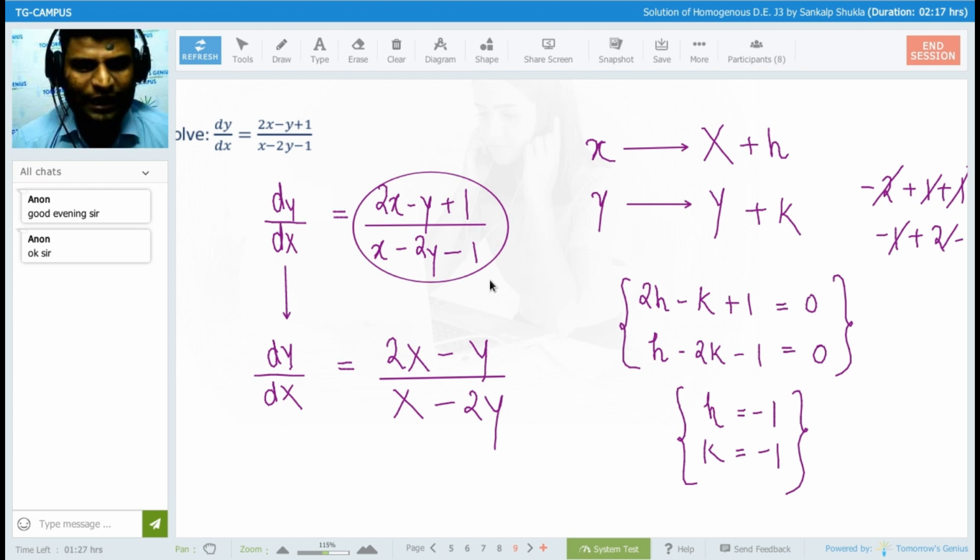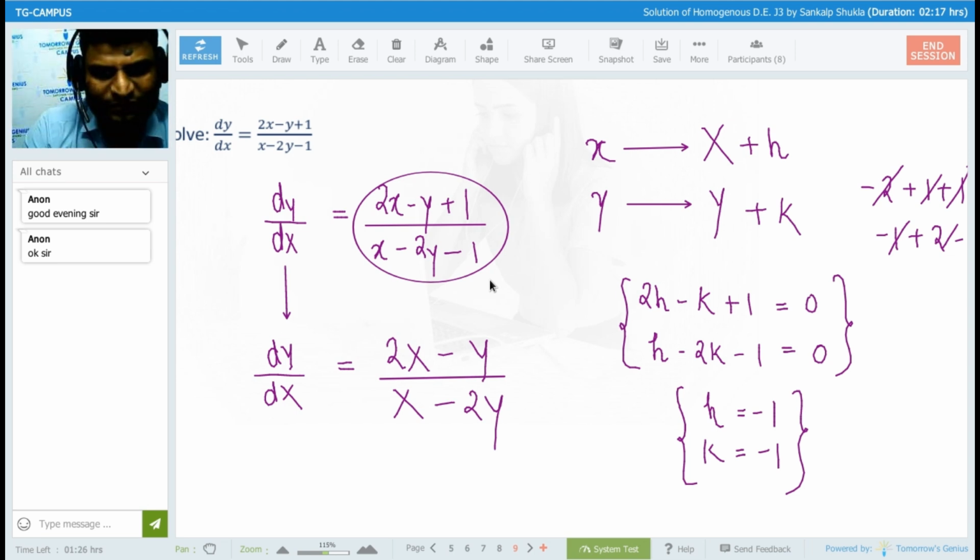And now you have to find the values of h and k. You can replace your x with h and your y with k, and put the entire numerator to be 0 and the entire denominator to be 0. When you solve the system, the values of h and k will be minus 1.